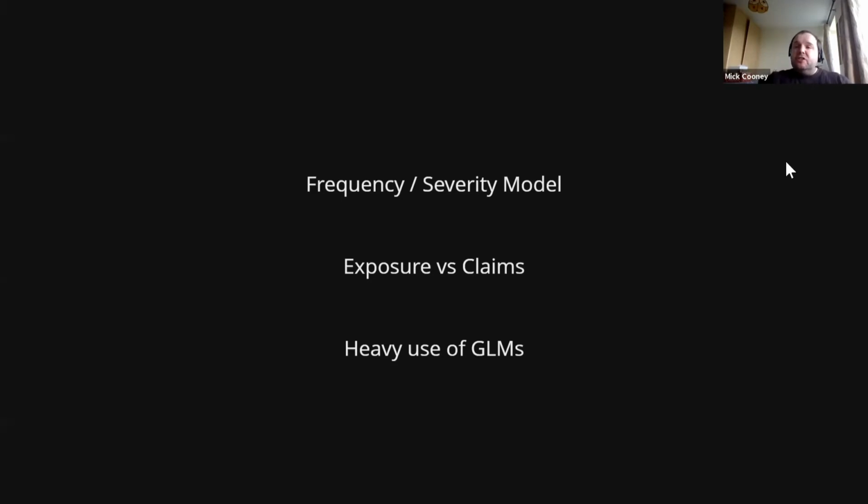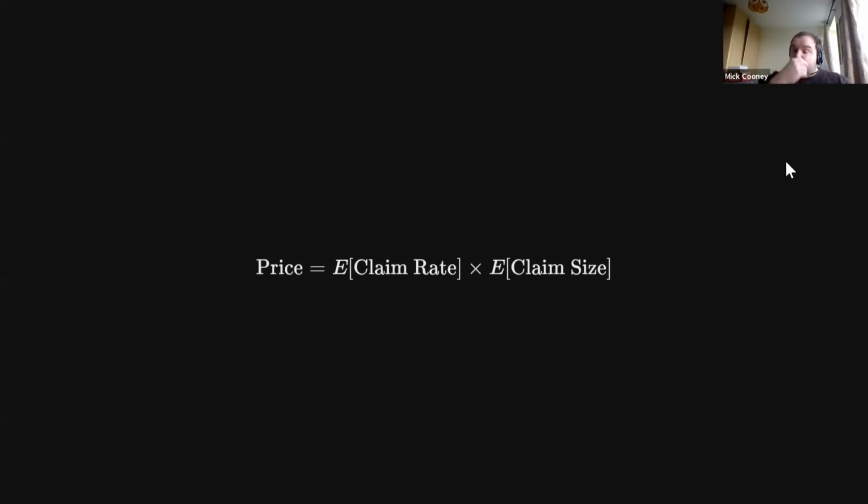And as you might imagine, it makes heavy use of GLMs, although the adoption of GLMs into general insurance is less than 20 years old. There was a piece of software called Emblem that came about, I think, in the late 90s or the early 2000s, that really revolutionized the use of GLMs. I actually don't know what people used before that.